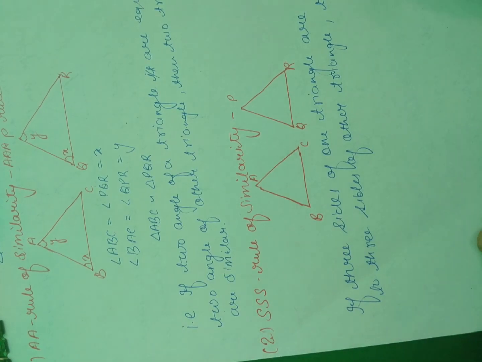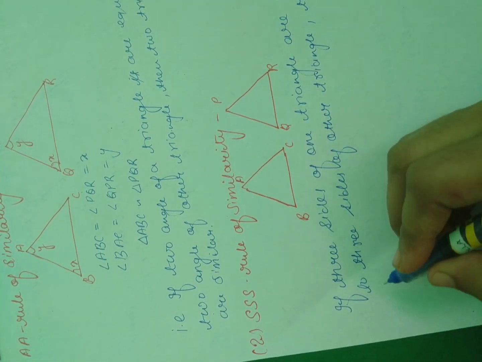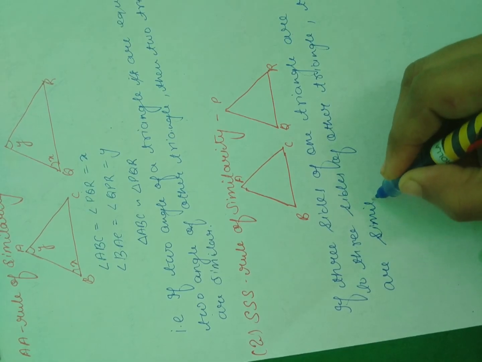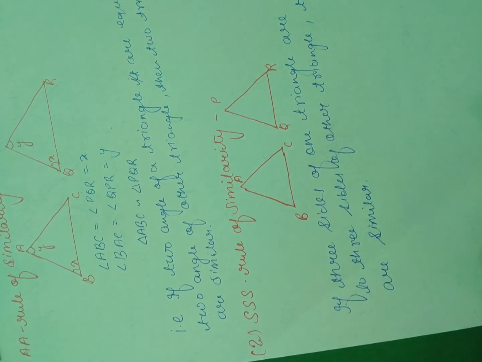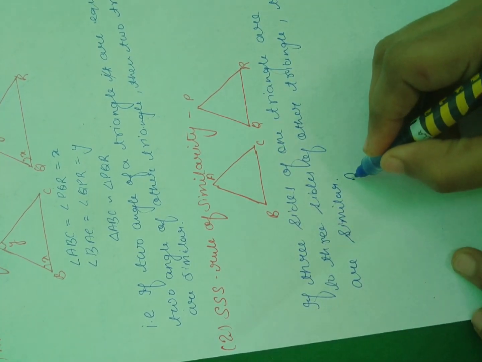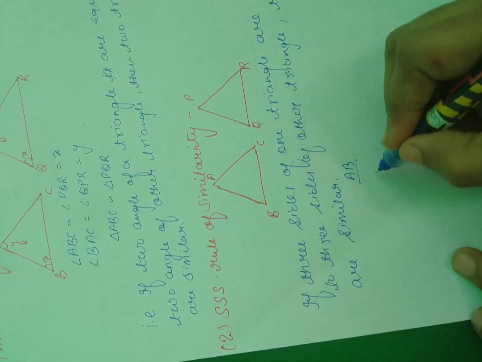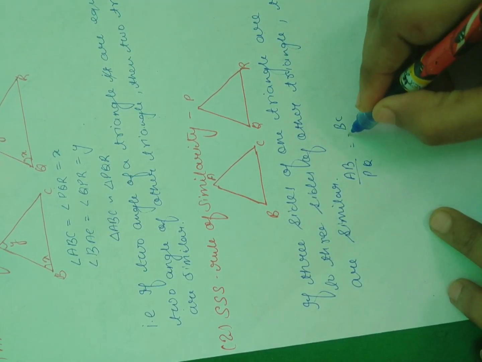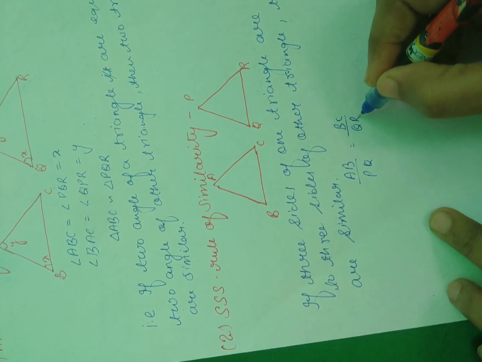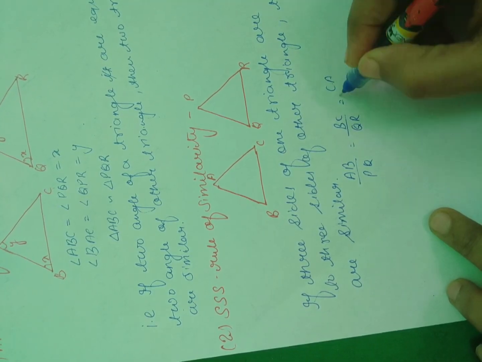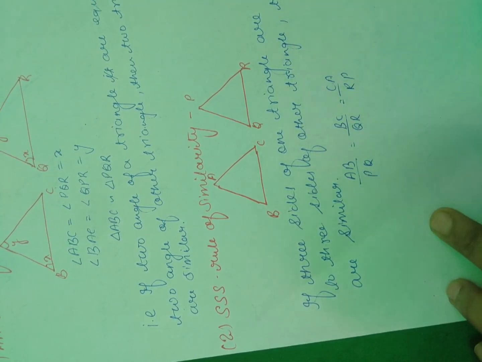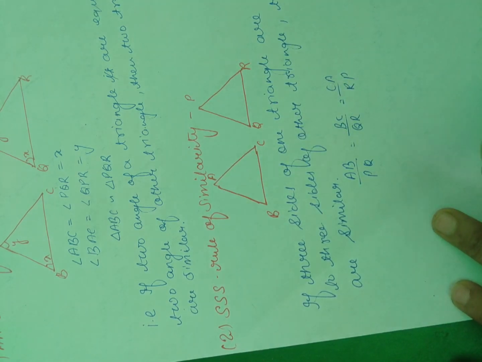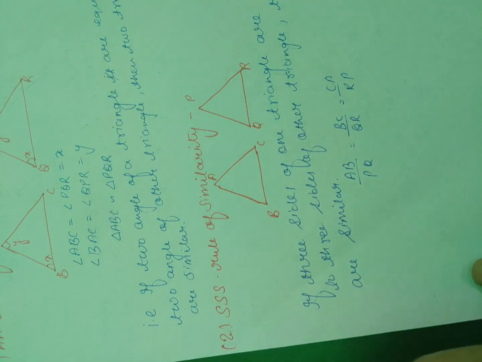And we can write AB by PQ is equal to BC by QR is equal to CA by RP, right? So their corresponding sides should be in the same ratio.